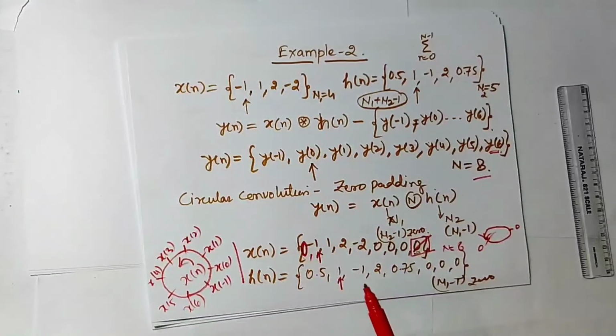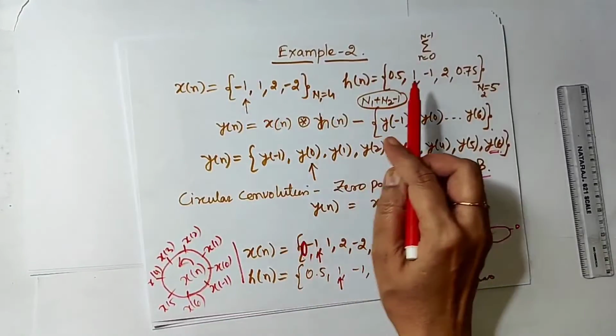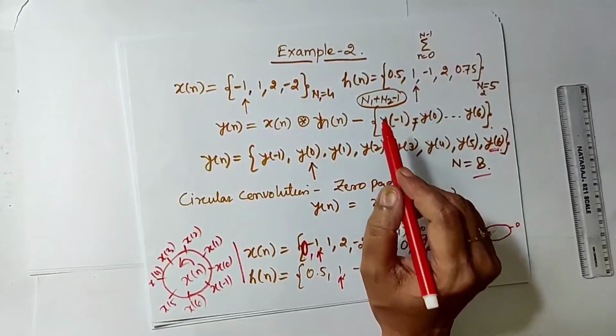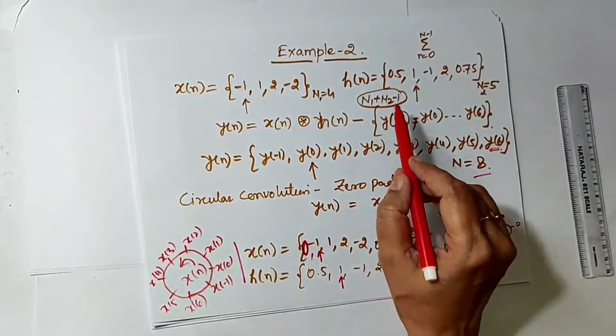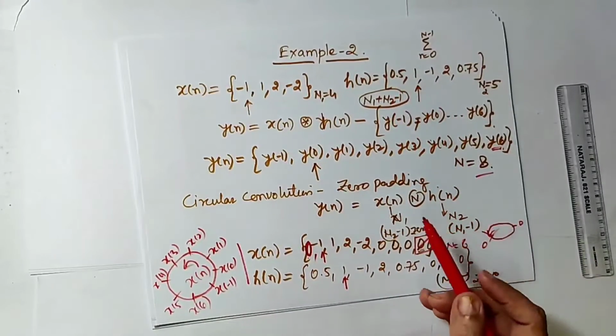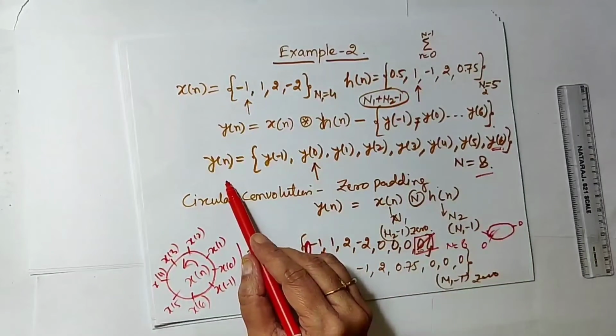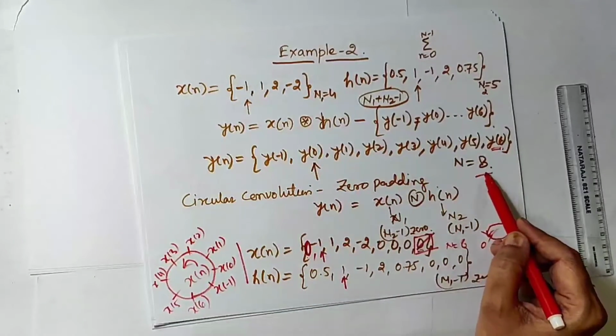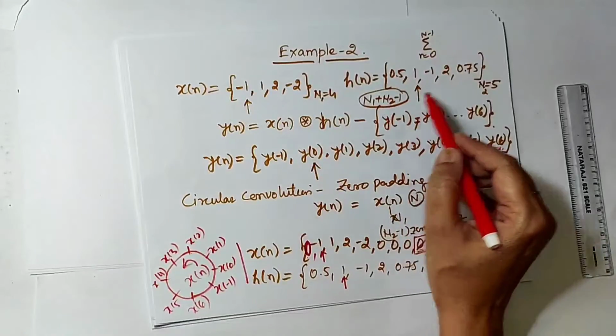When I repeat it, when we have two sequences, especially when any one of the sequences is not starting from the origin, it is starting from minus 1, then what would be the output response? The output response should be managed with the length of n equal to 8. That is fine. Nothing is changed.